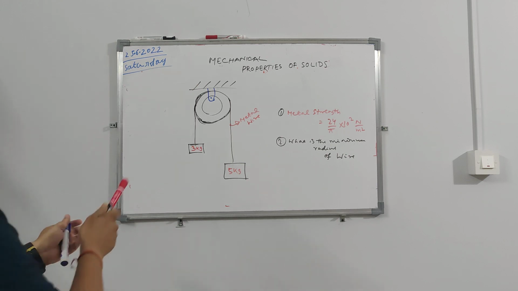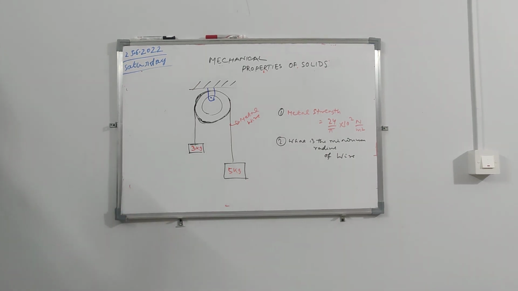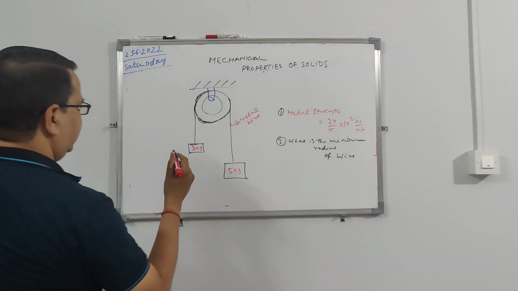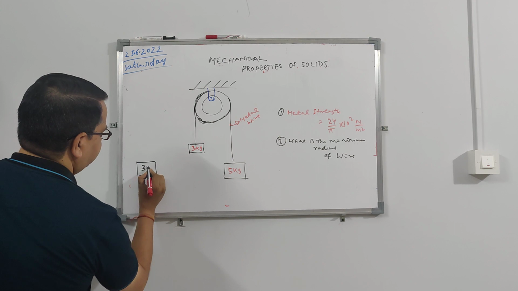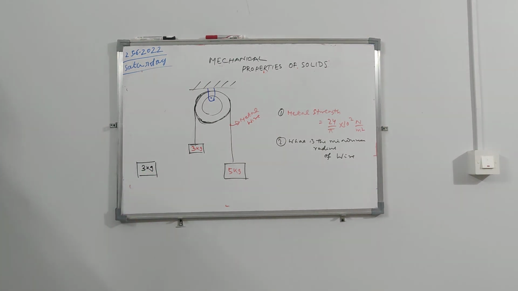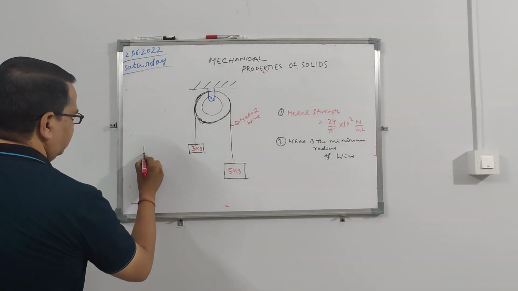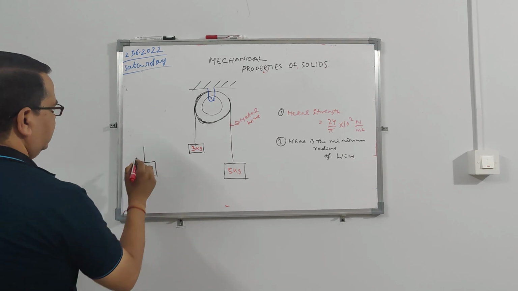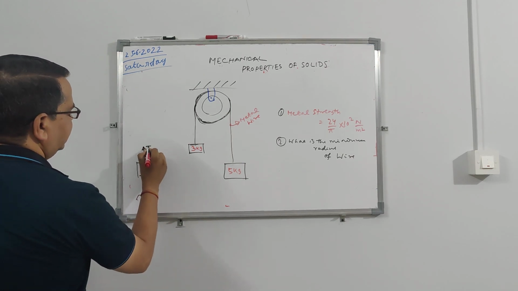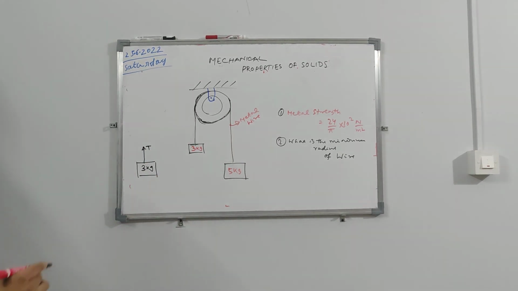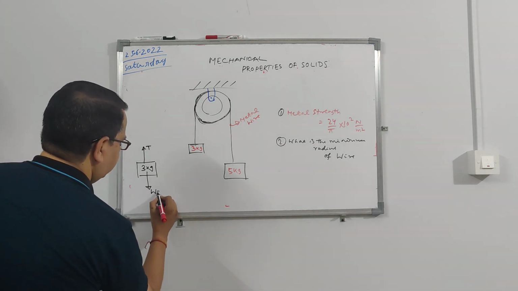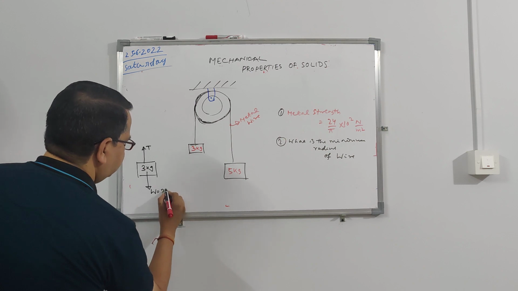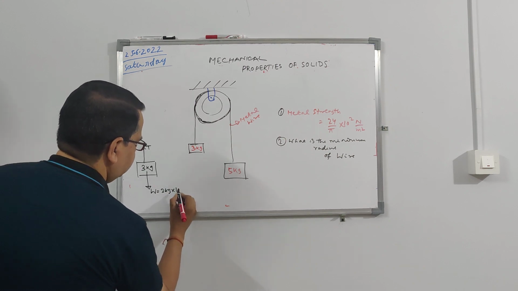So I can draw the free body diagram of the left side and right side mass. If I draw the free body diagram of this 3 kg mass, this is my wire, and it will have a tension, and it has a force W acting here, equal to 3 kg into 10, 30 Newton.